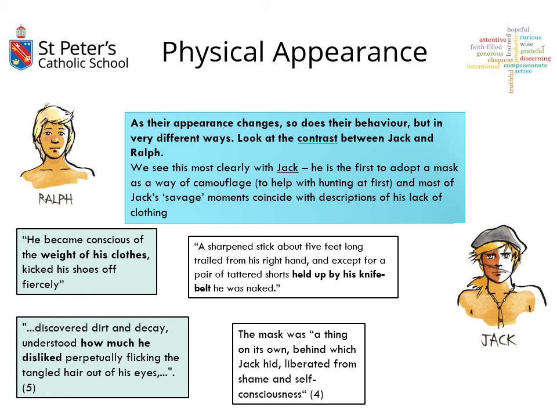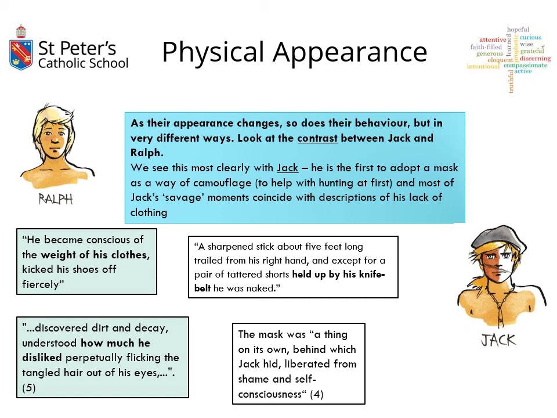In contrast, we see Ralph become conscious of his clothes in a similar way to the other boys, become aware of the needlessness of those clothes in the new environment, but we also see how Ralph struggles with the change to his physical appearance. In the quotation, how much he disliked the dirt and decay, how much he was constantly flicking the tangled hair out of his eyes.